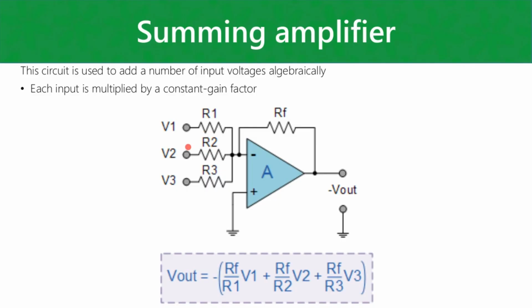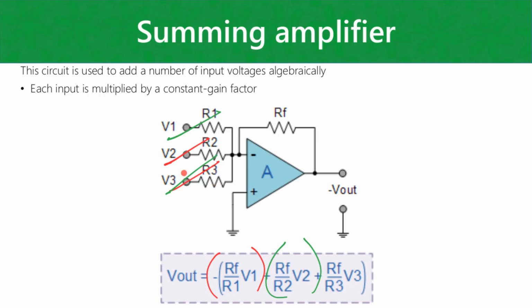especially if you use superposition. Essentially what you can do is ignore those two voltages and then calculate just V1's contribution to the circuit. And then you can do a similar thing for V2. So if you take V1 and V3 out, then you can calculate V2's contribution.